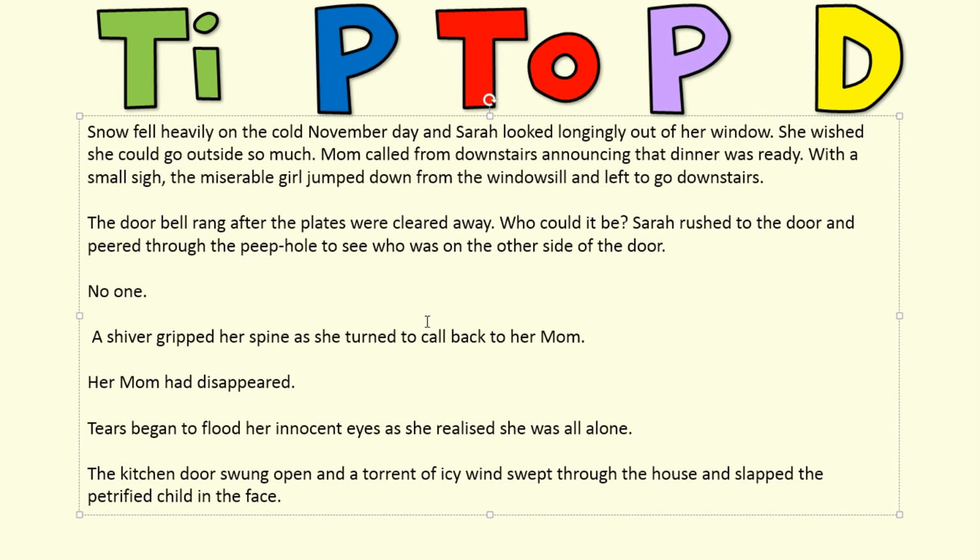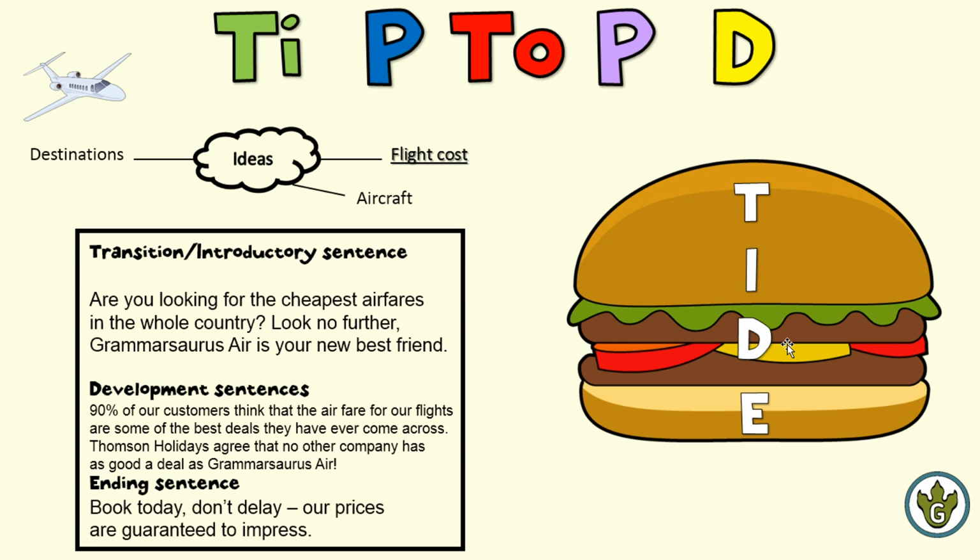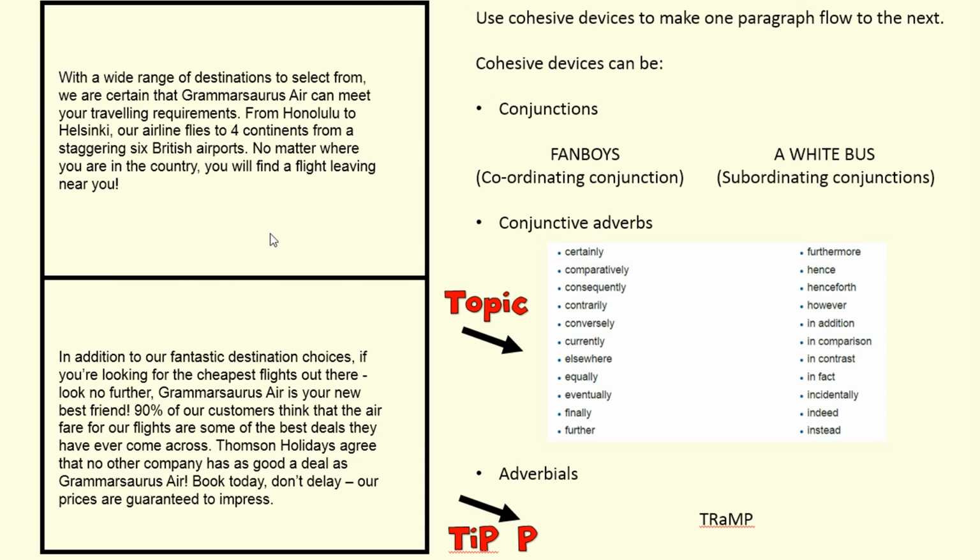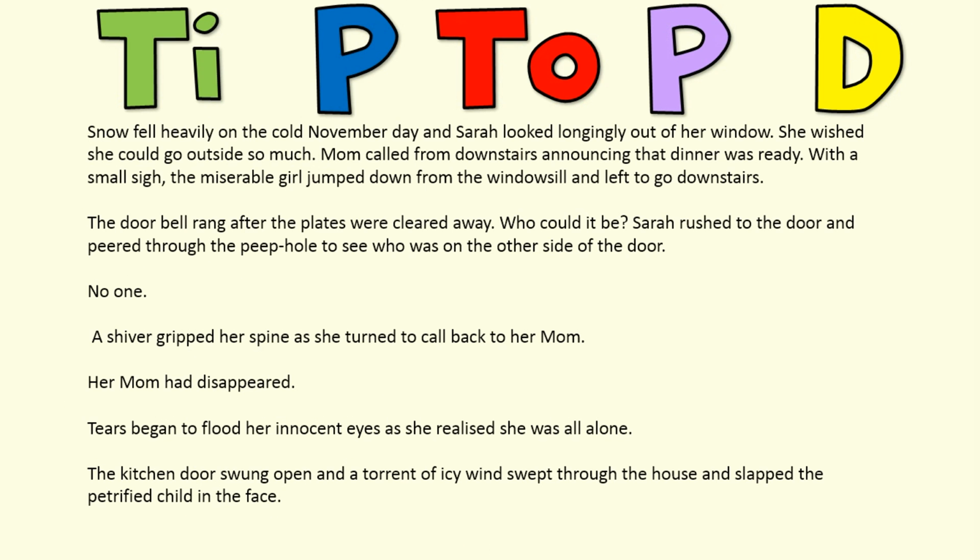Whenever any of those change, a new paragraph. Use TIED for your burger to create each paragraph, especially if you're doing a topic-based piece. So open with your first sentence, develop it, end it. If you're linking them together, use a cohesive device, and I think that's about it.